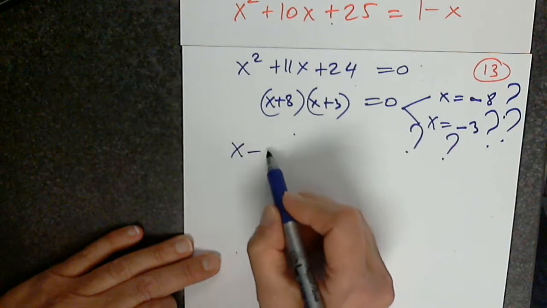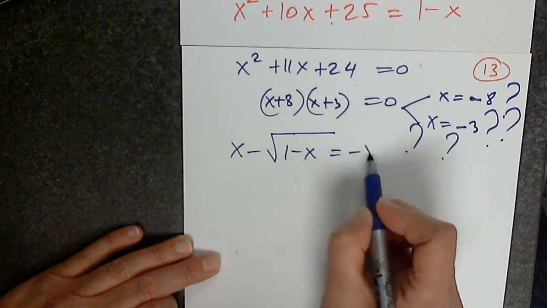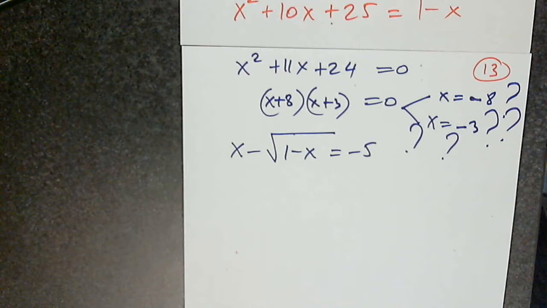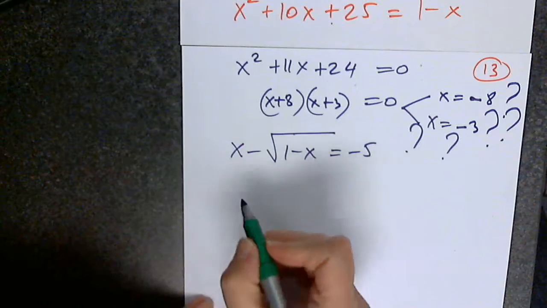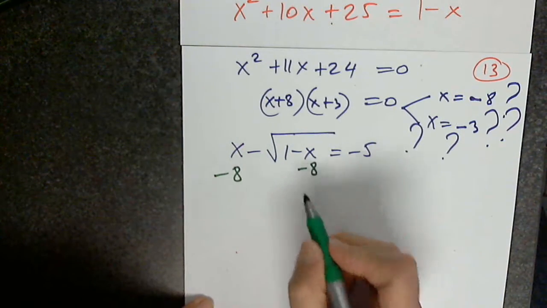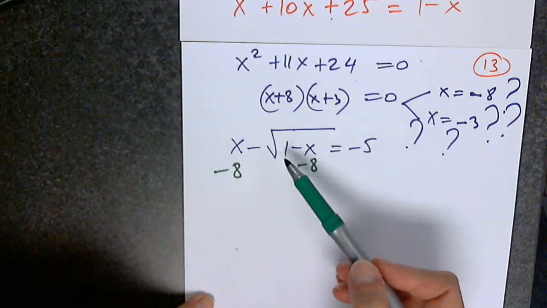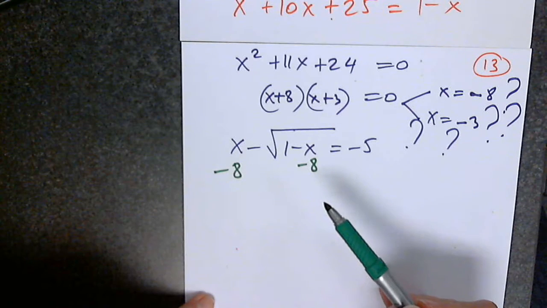Here's the original equation. I'm plugging in negative 8. One minus negative 8.